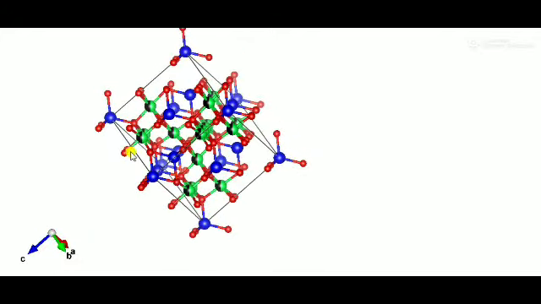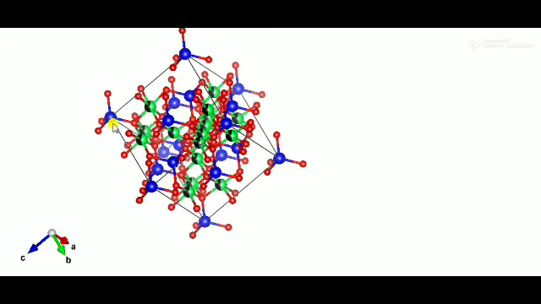Now friend, let me show the connectivity between this atom and this atom. So this is the tetrahedral geometry and this is the octahedral geometry. So let me show the connectivity and the bond length and what the bond angle is between them.